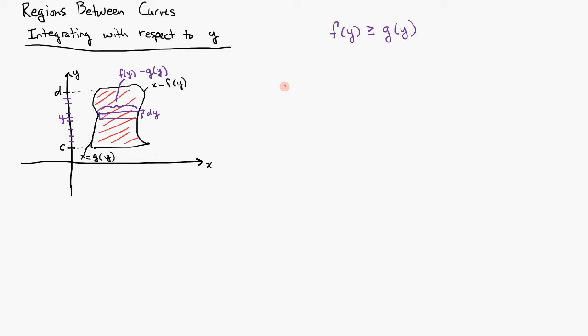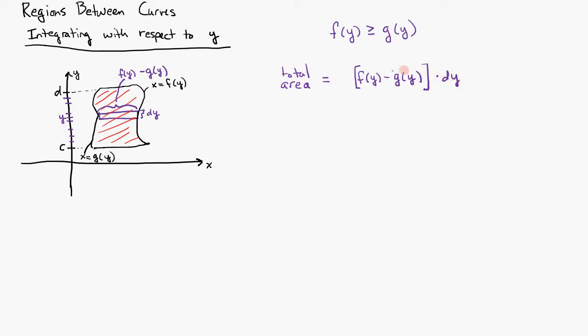Okay, so now to compute the total area. First, the area of the single rectangle is going to be height times width again. So one dimension is f of y minus g of y, and then the other dimension is dy.